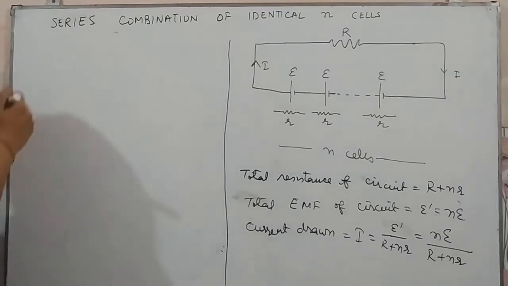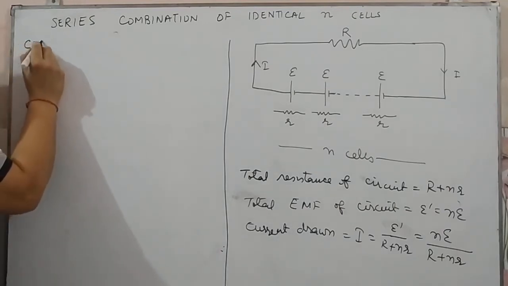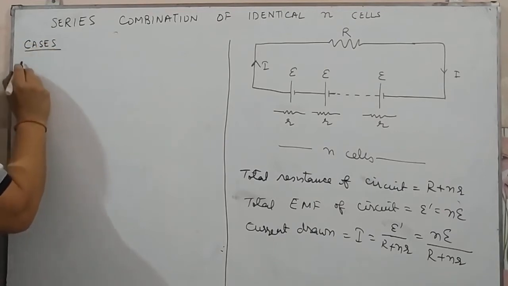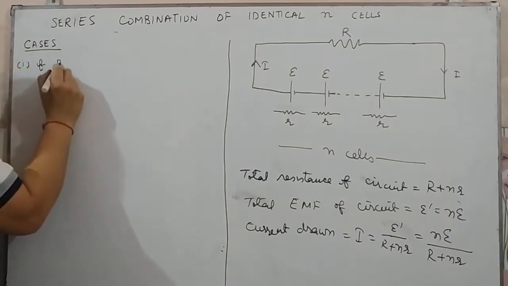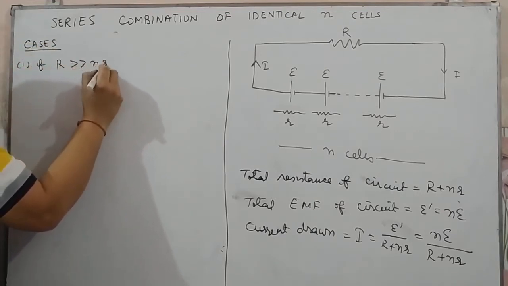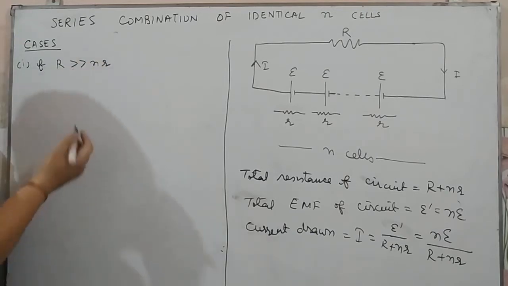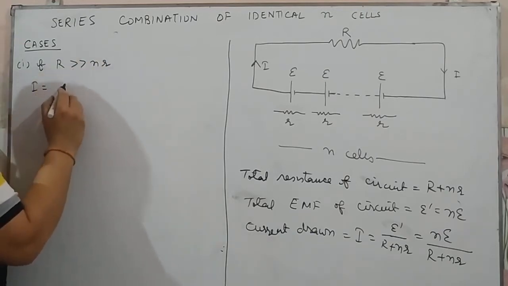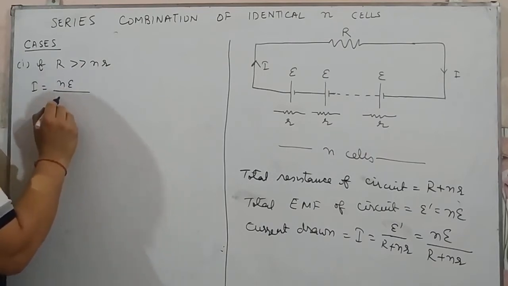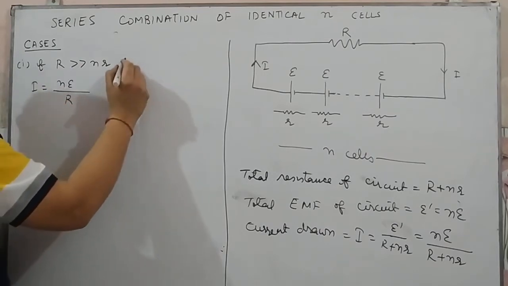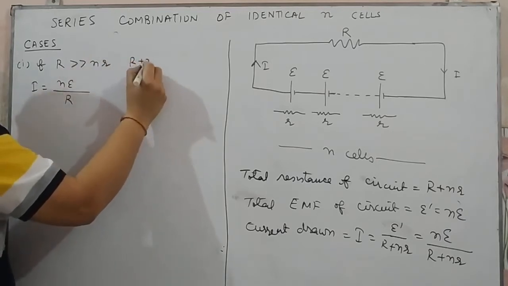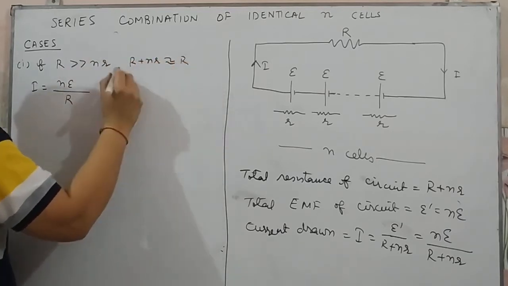First we will discuss cases. Suppose R is very much greater than nr. Then I will be equal to nE upon only R, because R plus nr will be nearly equal to R in that case.